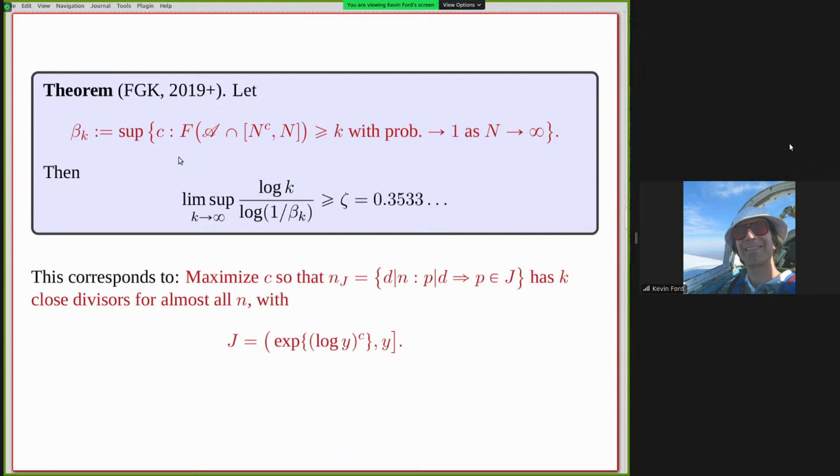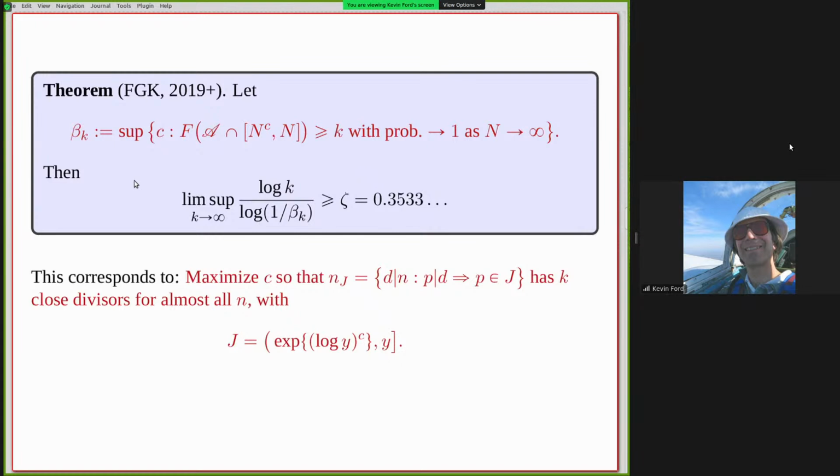Right? So the theorem we show is that this corresponds to a lower bound on beta sub k. So beta sub k grows at least as fast as, let's say, k to the minus 1 over c. That's what's being written here.